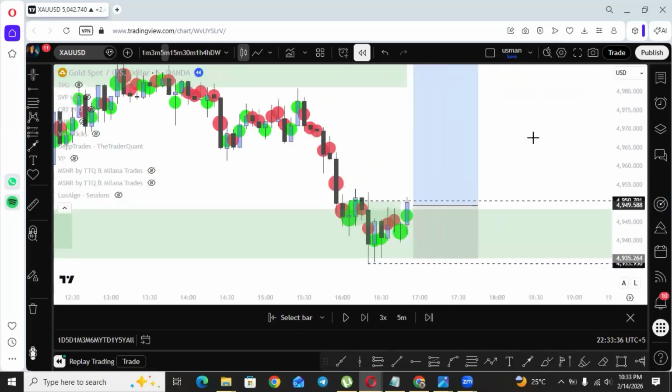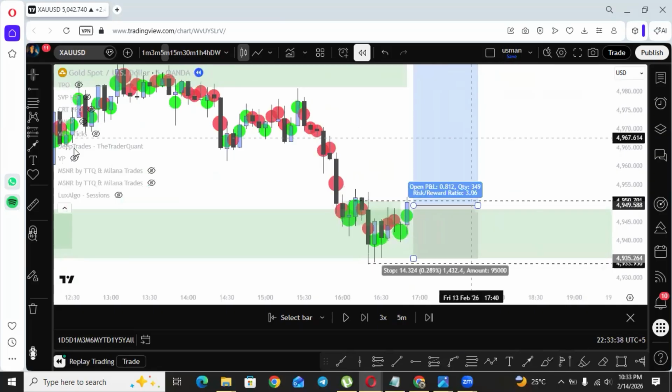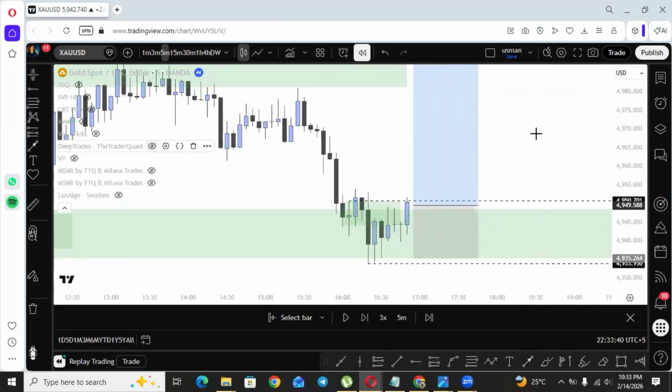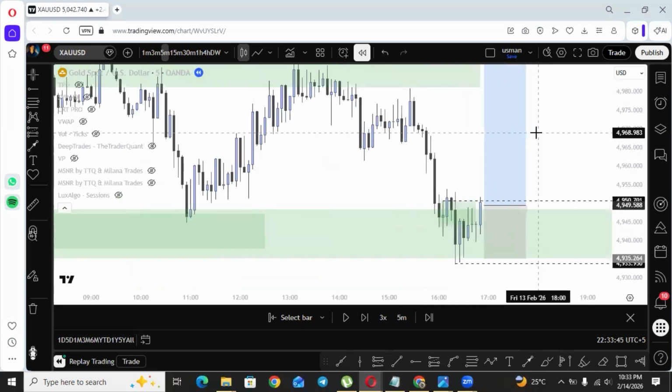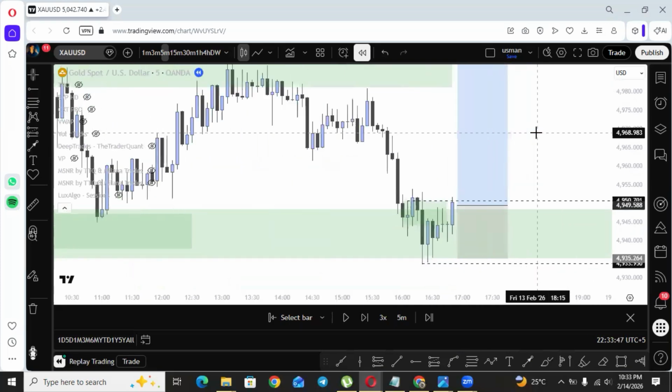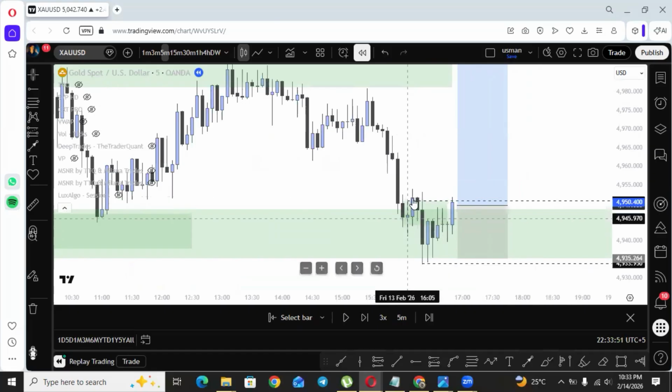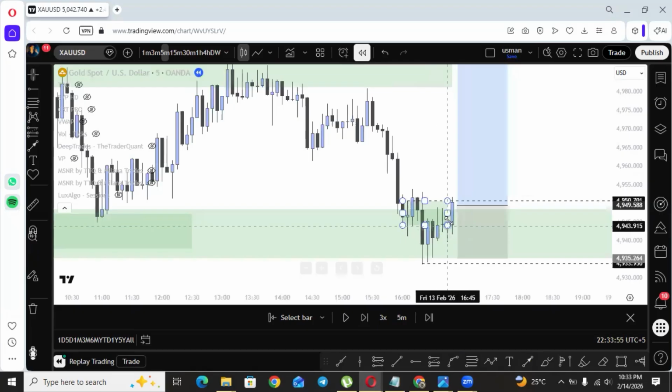We are not entering with any anticipation or any fake price action confirmation or any RSI or anything. We knew what happened behind every candle, and we knew where the market is going.